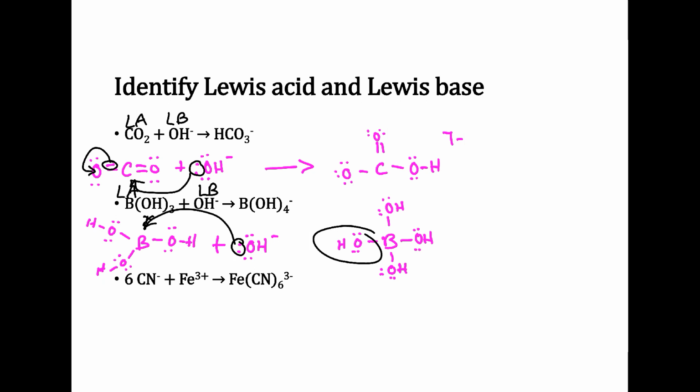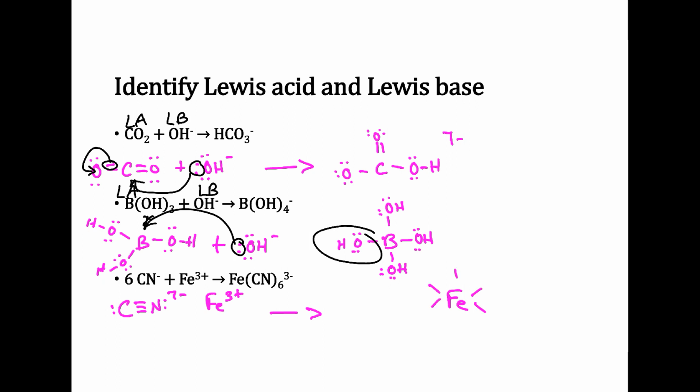Here we have 6 cyanide ions, each with a -1 charge. Then we have iron with a 3+ charge. This goes on to form an iron cyanide complex. This would be iron 3 cyanide.